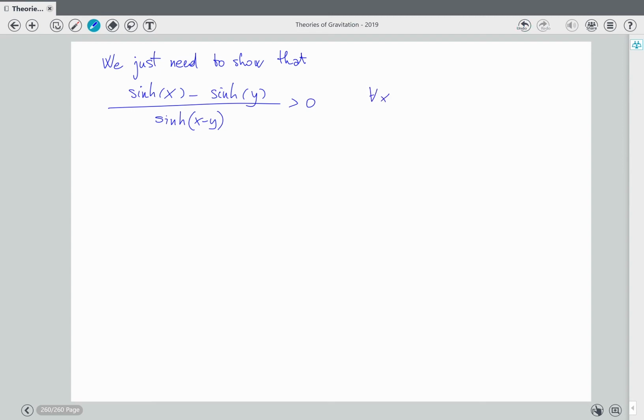And it should have a minimum actually, different from 0.